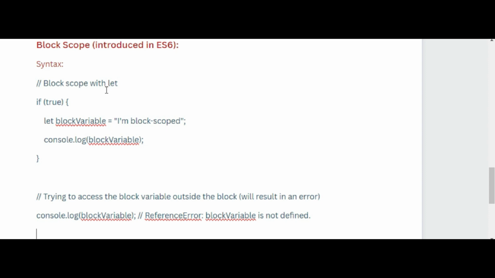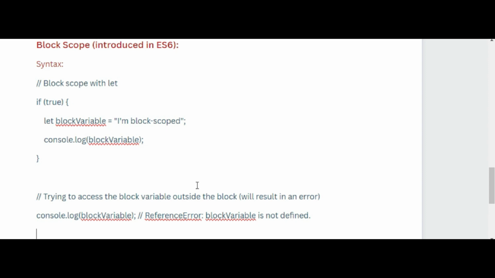Block scope with let: if (true) { let blockVariable = "I am block scope"; console.log(blockVariable) }, right? Trying to access the block variable outside the block will result in an error. console.log(blockVariable) gives a reference error, blockVariable is not defined.